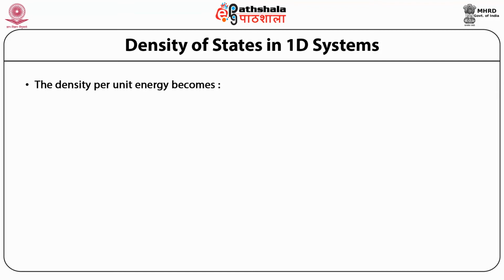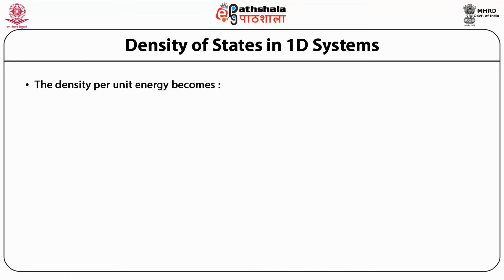Now after replacing k by root of 2mE by h cut square, we obtain N equal to root of 2mE multiplied by L by h cut pi.